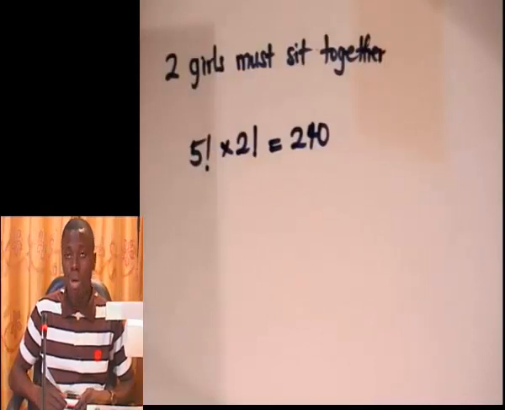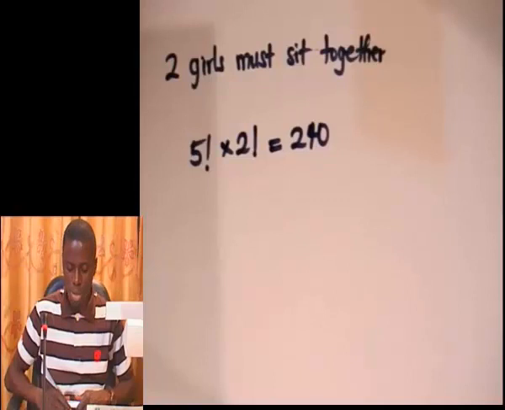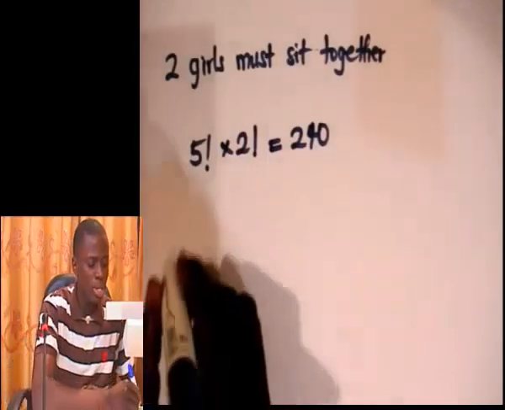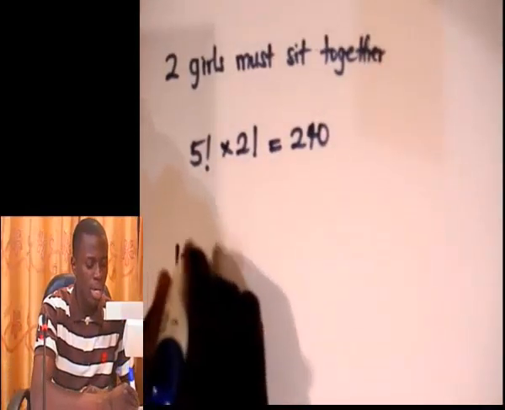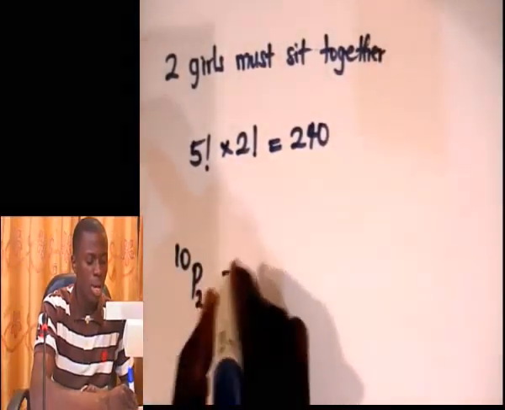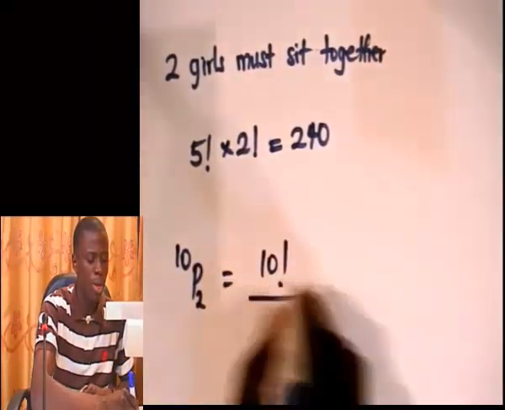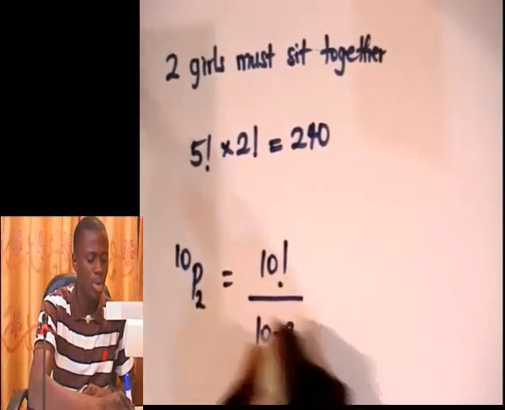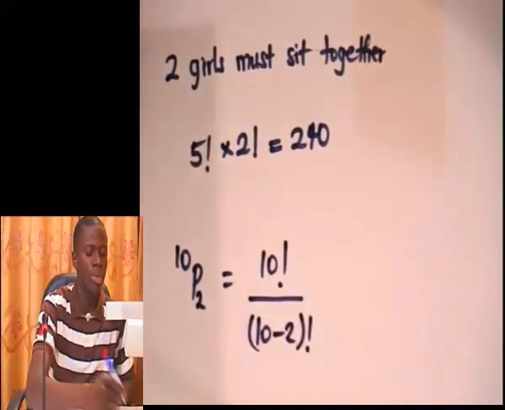This should be taken note of anytime you are looking at permutation, the number of ways of arranging people or items. This is very important. If you want to arrange 10 distinct objects taking 2 at a time, that is 10 permutation 2, and that is 10 factorial over 10 minus 2 factorial.